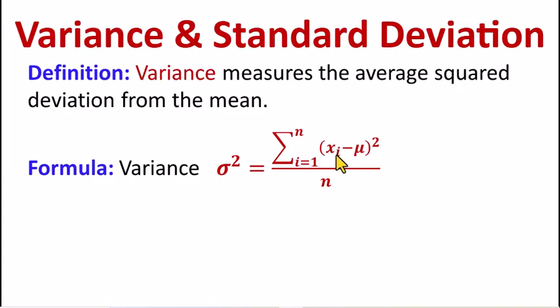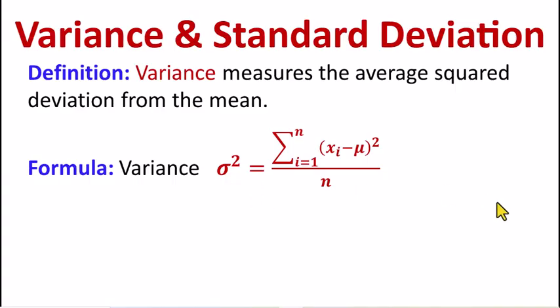So xi represents each number in the data set, and mu represents the mean of that set of data. And then we're going to divide this sum of squares by the number of elements in that population, right? So by the number of elements in the data set. And what we obtain is called the variance.